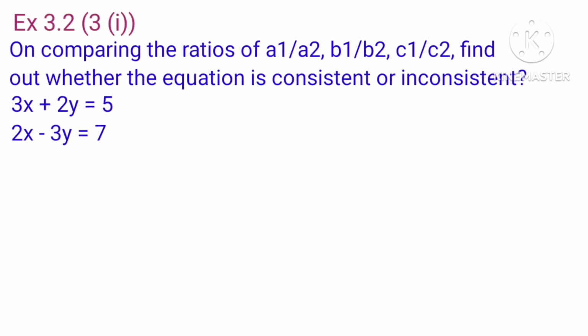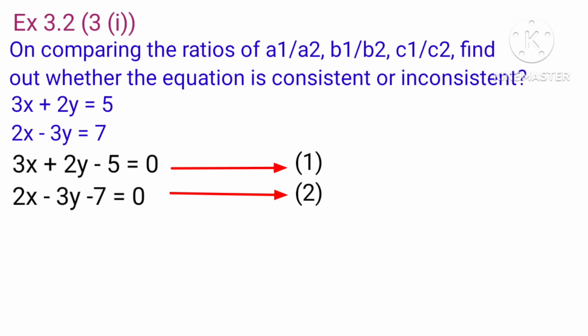3x plus 2y is equal to 5 and 2x minus 3y is equal to 7. So this can be written as 3x plus 2y minus 5 is equal to 0 and 2x minus 3y minus 7 is equal to 0. Now we have to compare this with the formula ax plus by plus c is equal to 0.